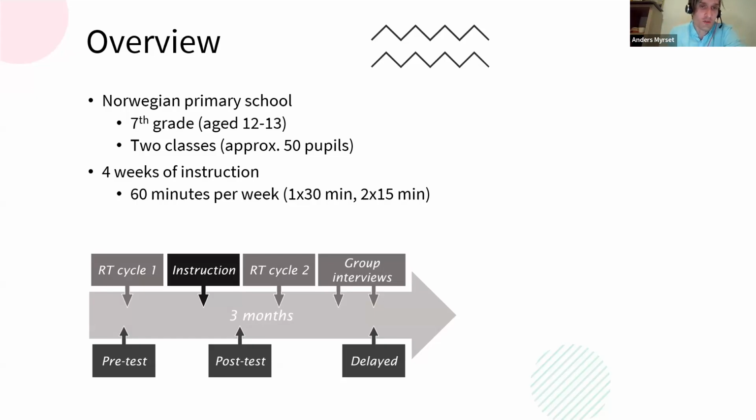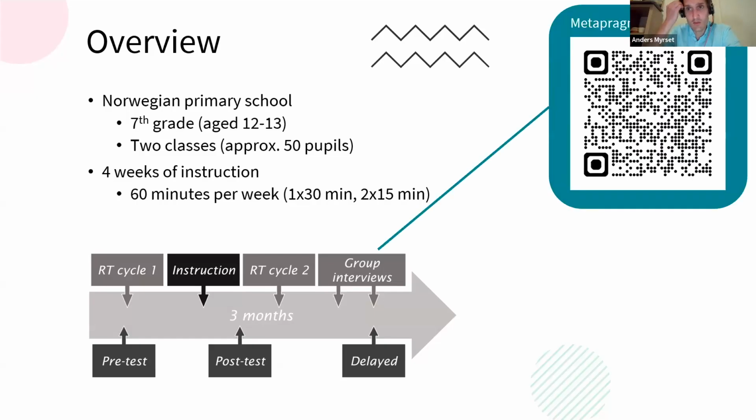The instruction itself was over the course of 4 weeks, and we had 60 minutes per week: one session lasting 30 minutes and two sessions lasting 15 minutes each. The reason for this distribution was that we tried to follow the English instruction in these classes, and they had two 45-minute sessions every week and one 90-minute session. So I had a third of each class. I taught for that third, and then the regular English teacher would teach the rest of the class, focusing on something else.